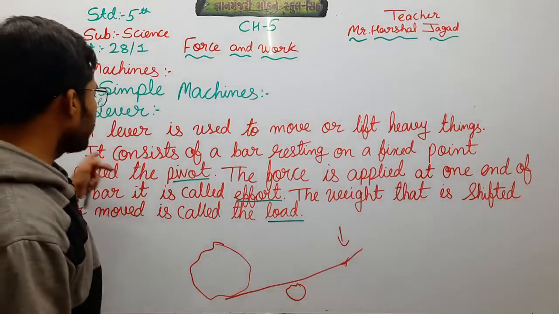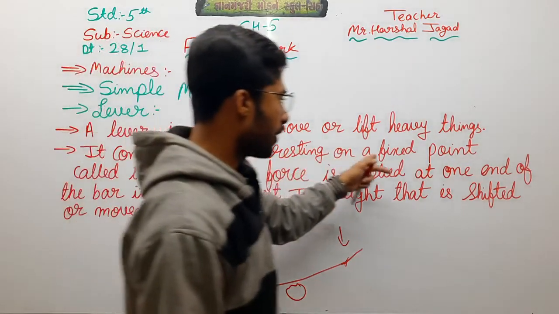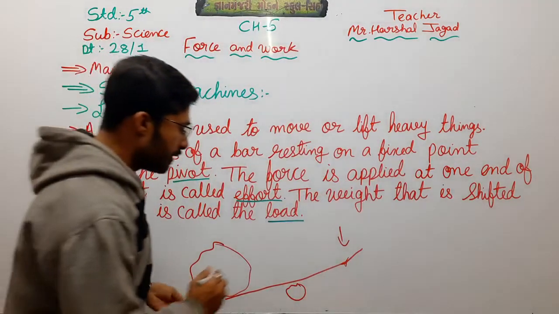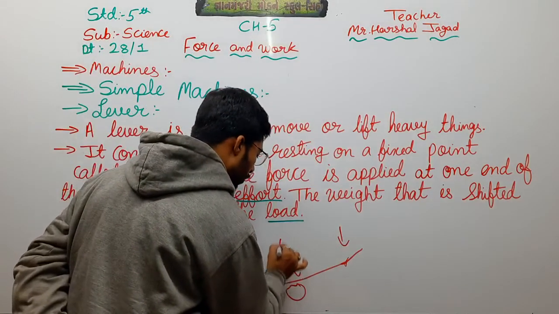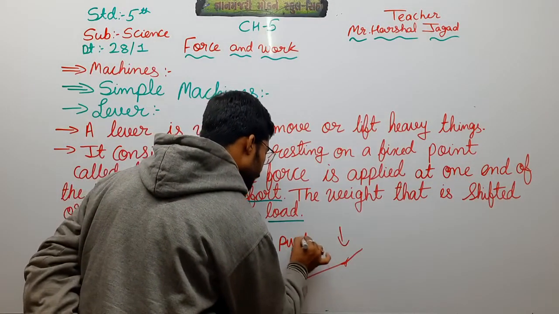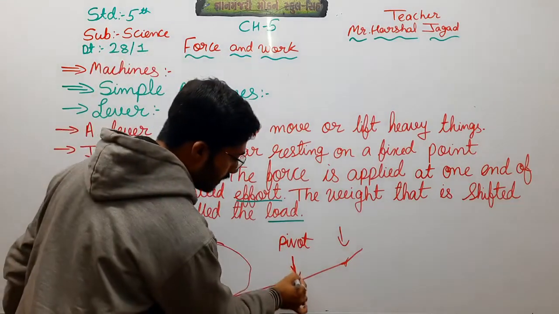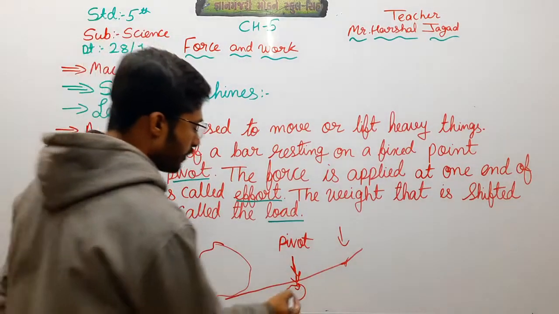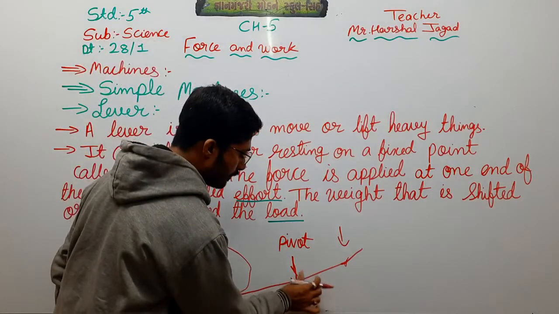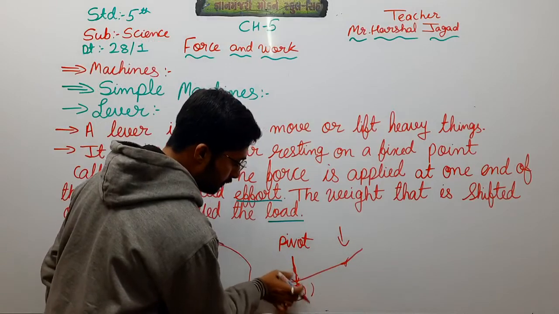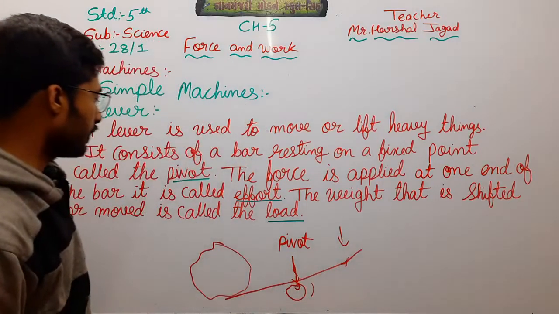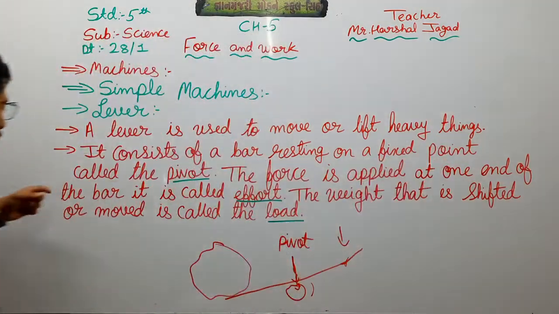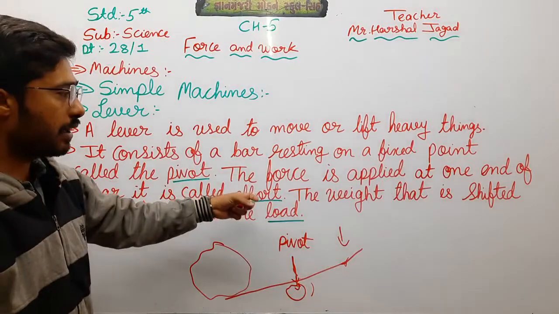Let us see, it consists of a bar resting on a fixed point called the pivot. This is the pivot, the thing which is resting here. Then the force applied at one end of the bar is called the effort.